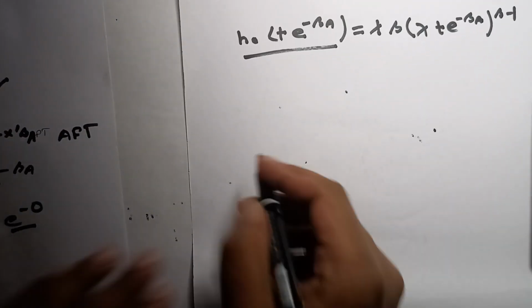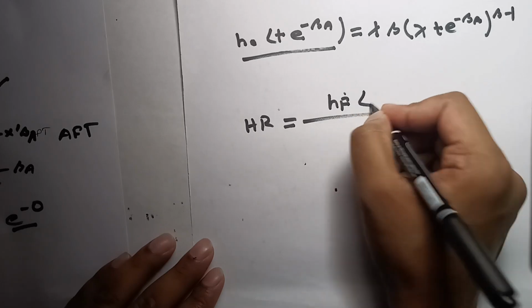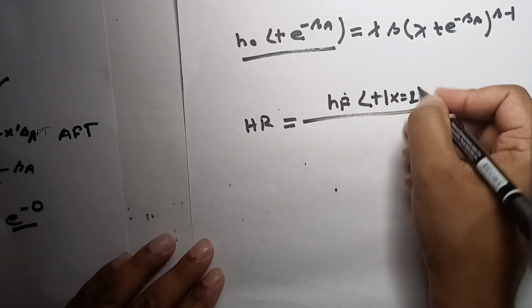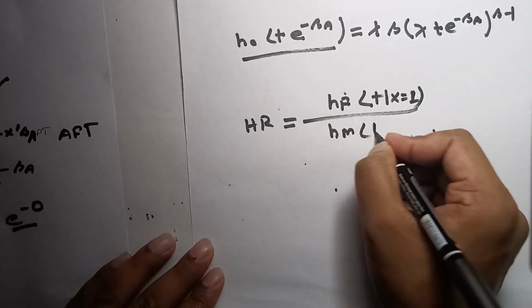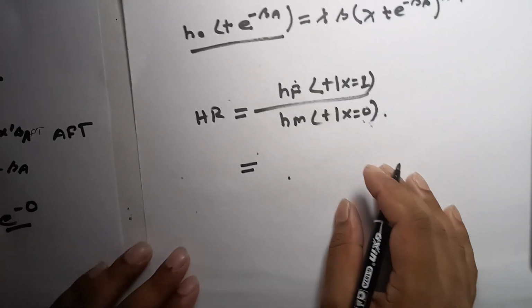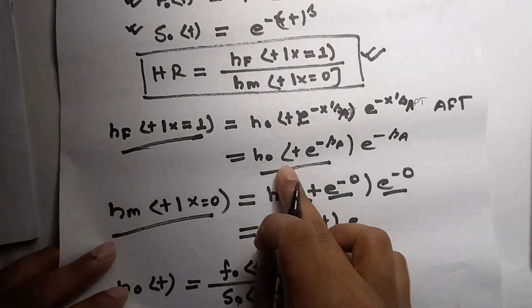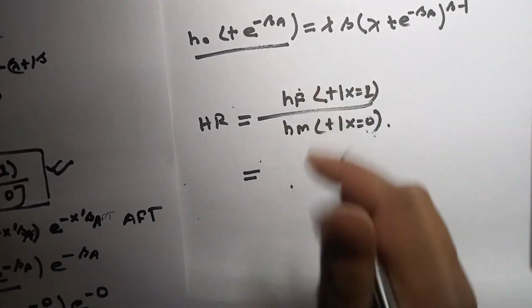So I will do it right now. HR, I was h of female t given x is equal to 1 over h of male t given x is equal to 0. So what I was with? I was with this one. This one's value I created.